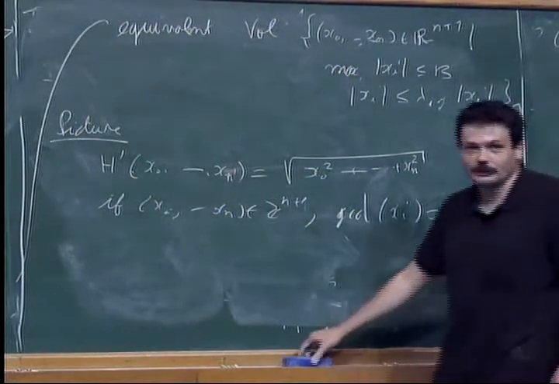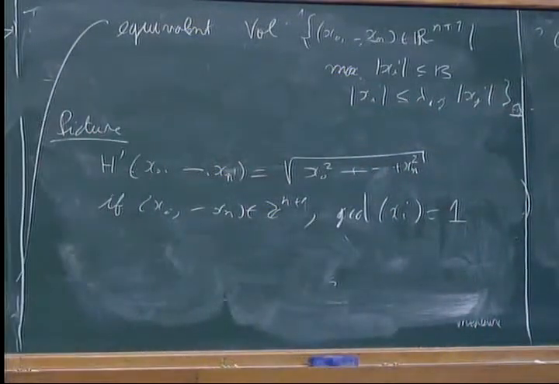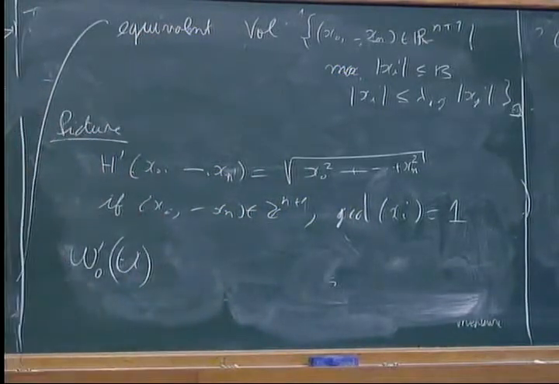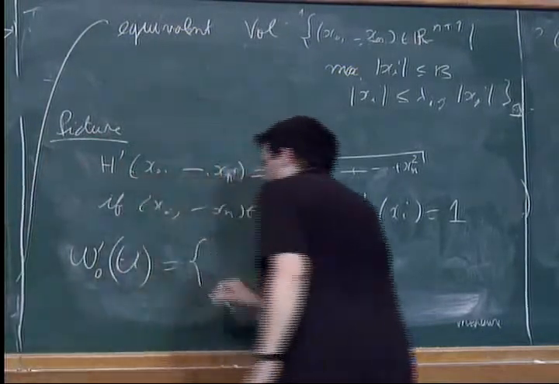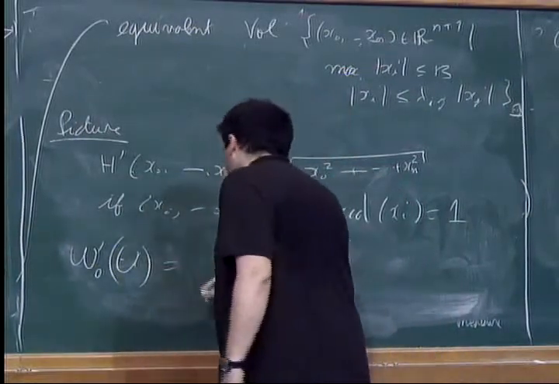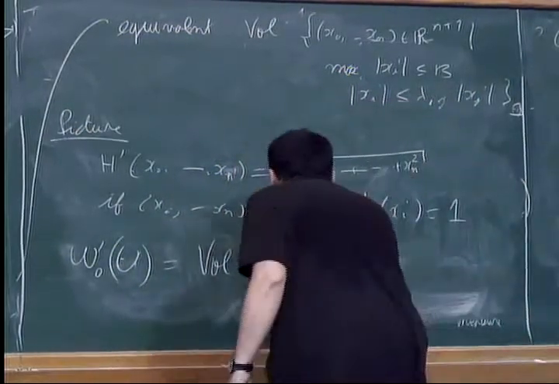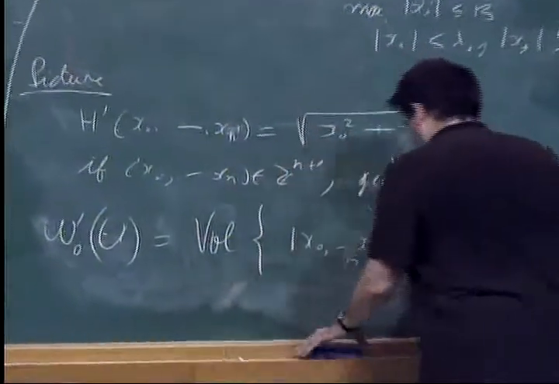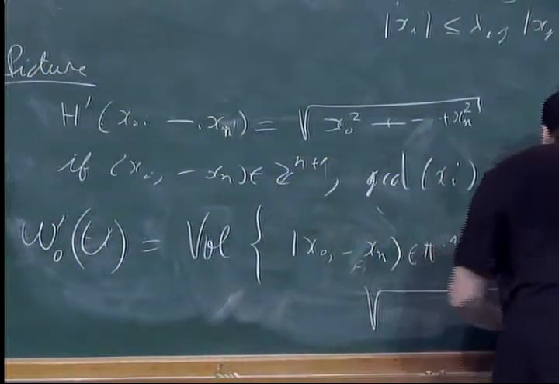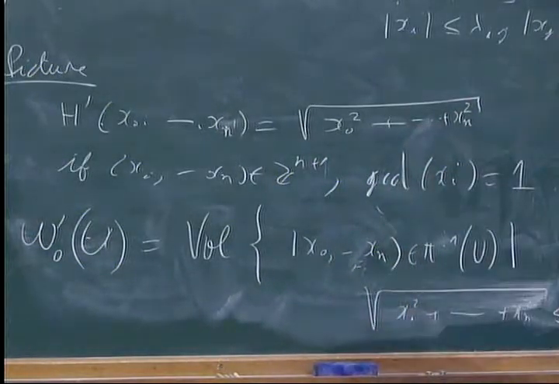Well, then the measure we get is not the one I described just before, but it's not that different. Namely, the measure we get, as you can see from the proof, comes from the measure omega_0' of U, which will be the volume of the points in pi^(-1)(U) such that the square root of the sum of the squares of the coordinates is less than 1.